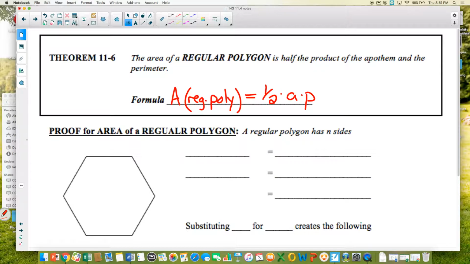What we have here is we can divide this regular hexagon into a bunch of congruent triangles. And you can see as you do this, we're going to get 6 triangles.